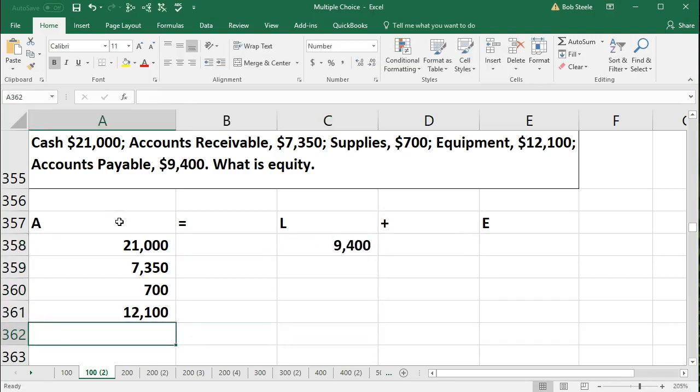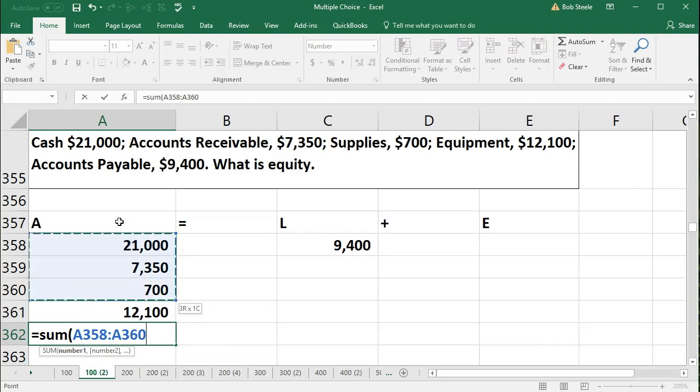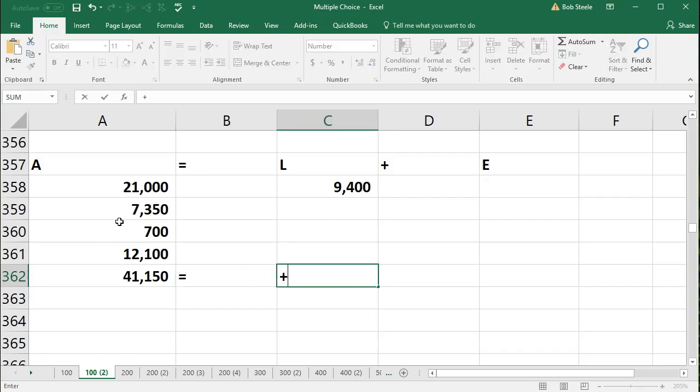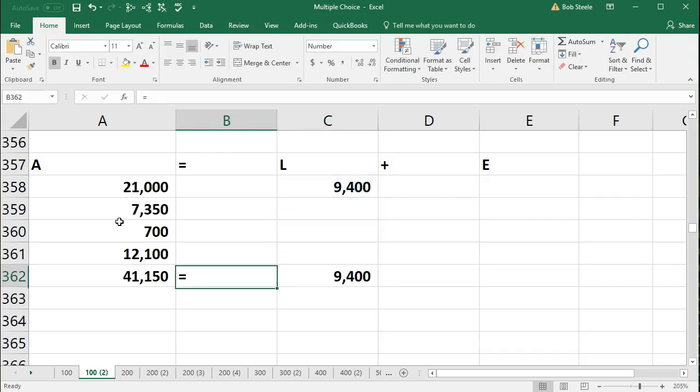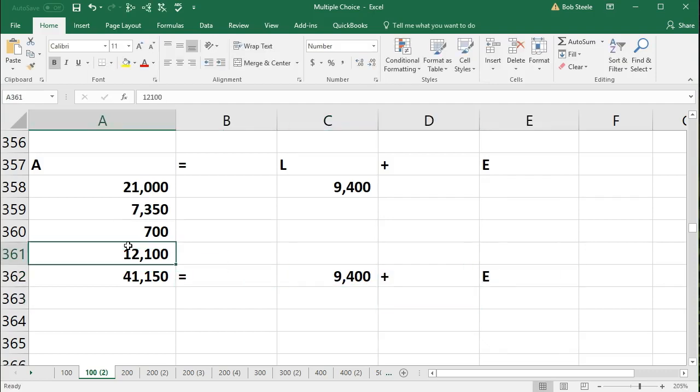And then if we were to add those up, we're just going to say sum of, we have the 21,000 plus the 7,350 plus the 700 plus the 12,100. That is going to be equal to, we're going to just bring down, of course, that 9,400 plus the equity. So this is going to be our new equation. And then we just need to once again subtract the 9,400 from each side.